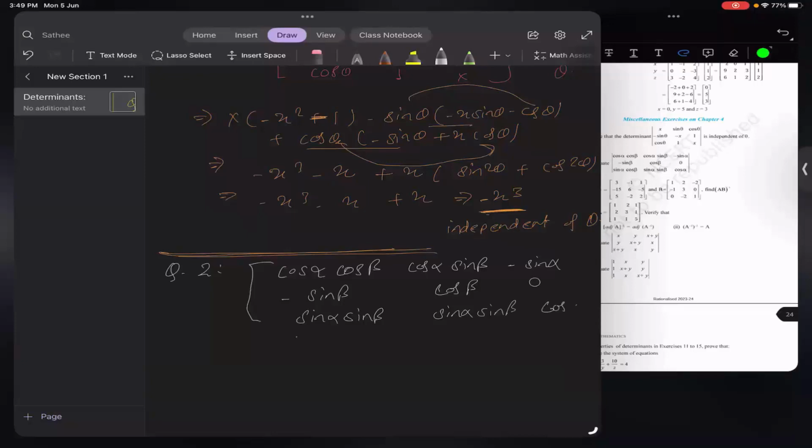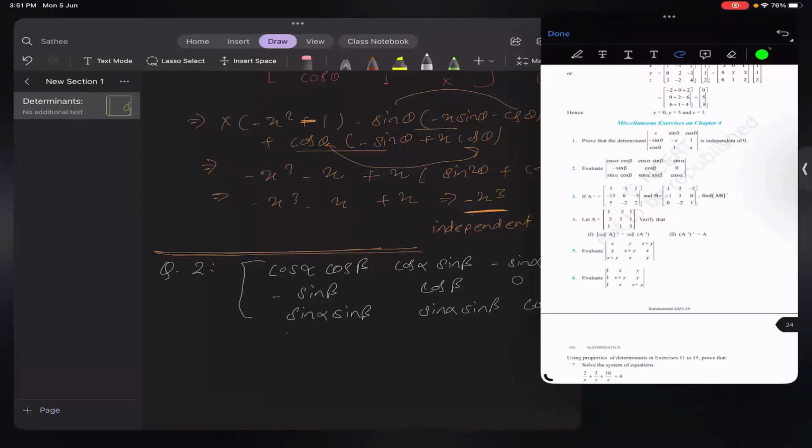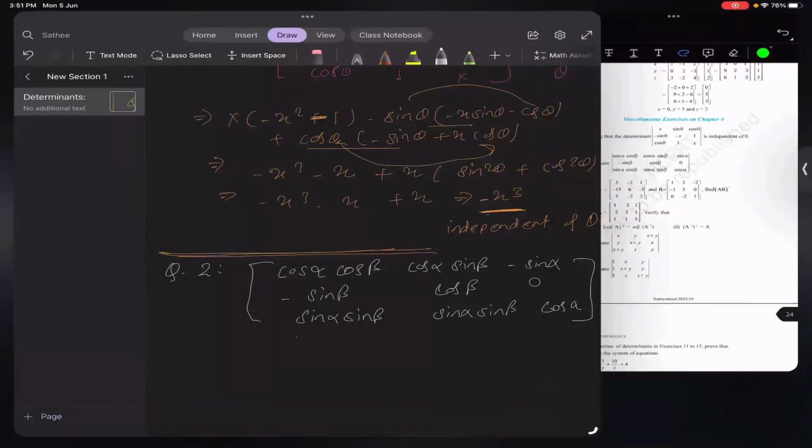This is cos alpha. Okay. So you are given this matrix and you have to just find the determinant of this matrix. So one thing you can do is a direct expansion, or if you think you can apply some properties, you can move with that approach. But right now, I don't get any idea about the properties. So let's try to expand it directly without thinking much about a property.